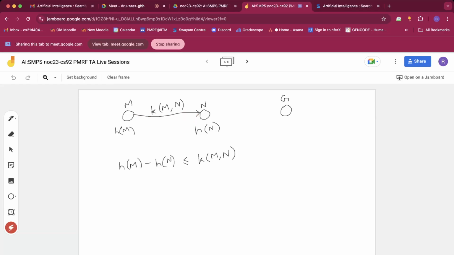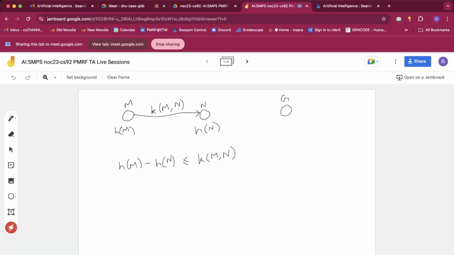HM would be the heuristic value estimate at the node M, and HN would be the heuristic value estimate at node N, whereas K(M,N) would be the actual cost of going from M to N. So the monotone condition tells us that for every such node M and N, the difference of the heuristic value between HM and HN should be less than or equal to the actual cost of going from M to N. This is the monotone condition in a nutshell.